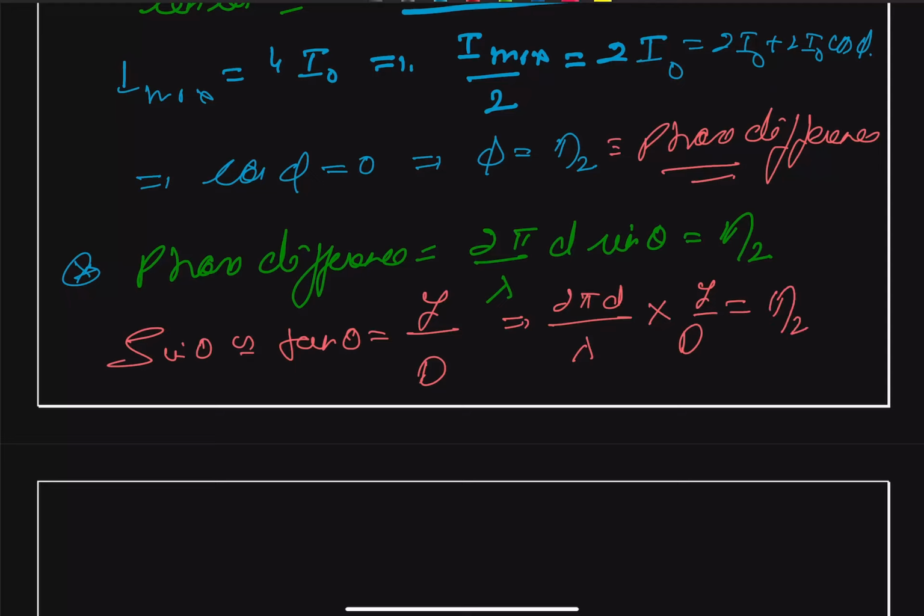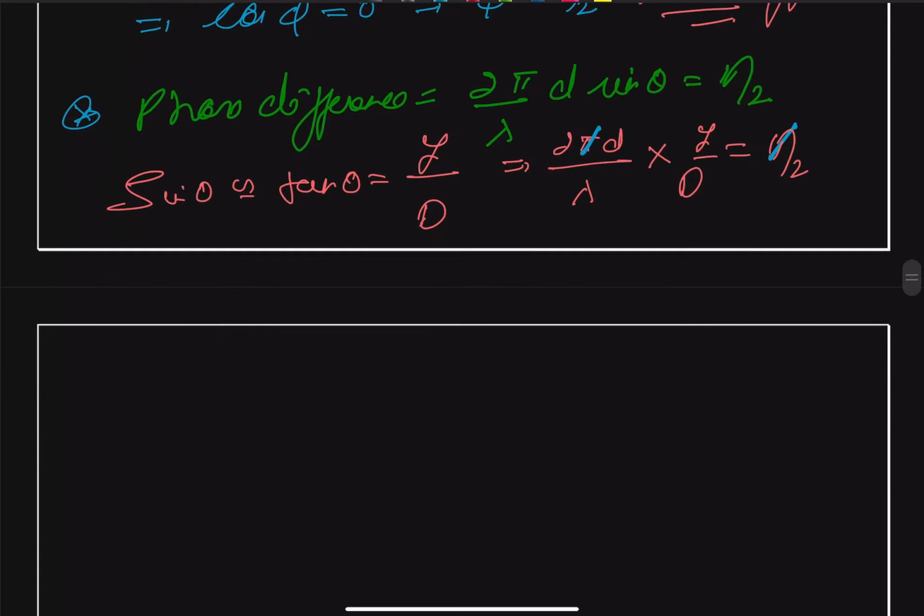pi by 2, and pi cancels out. So we can write this as y is equal to lambda D divided by 2 multiplied by small d. Now we can easily substitute the values.